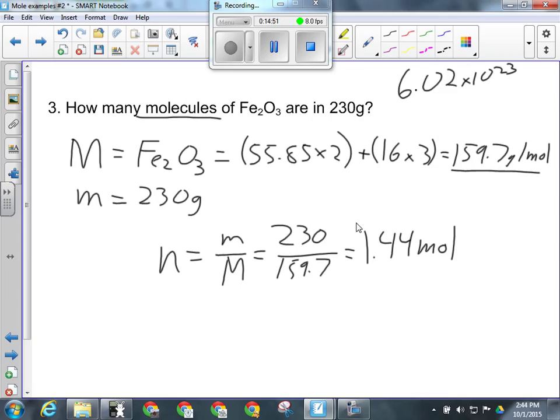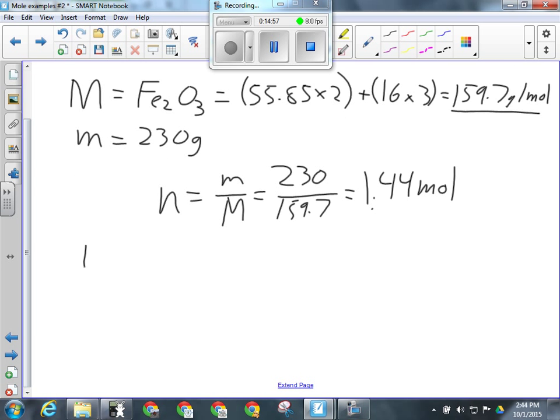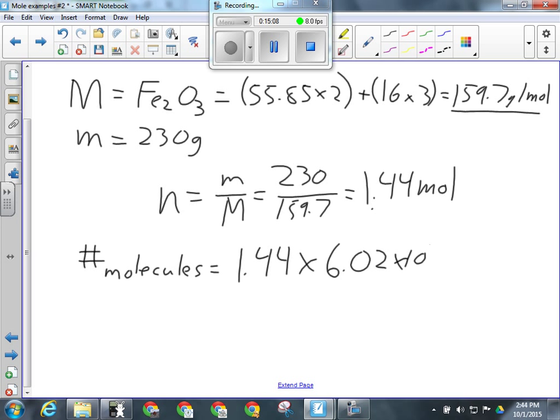And you get 48. So in this case, that's what we're doing. We're going to take the number we have, multiply it by the number in a mole, and that'll tell us how many molecules we've got. So number of molecules is going to equal 1.44, our number of moles, multiplied by the number of molecules in a mole.